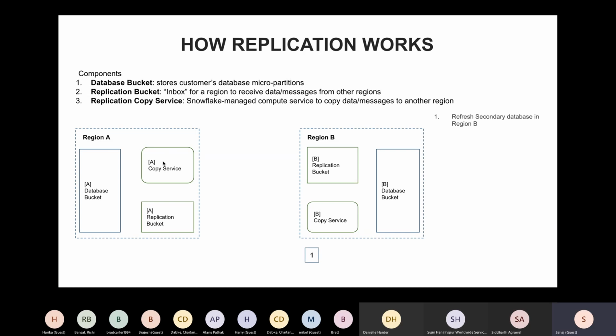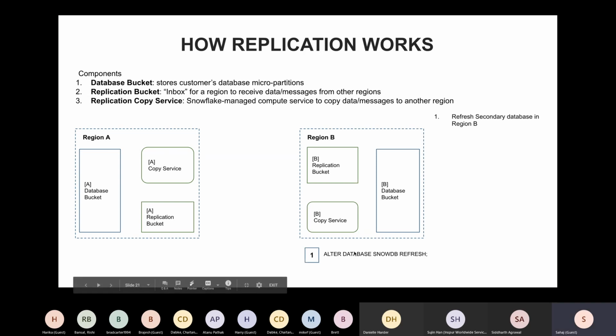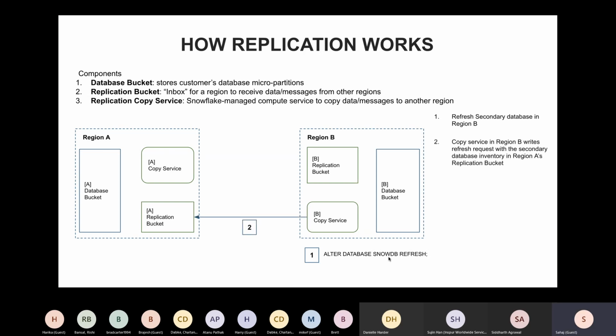So the way it works is I issue a command in Google to say I want to replicate this data. So I did that through the UI, as you saw. Under the covers, it generated this command: alter database SnowDB refresh. The copy service in that region in Google wrote a message into the inbox of Azure to say, hey, I want to replicate this data set.